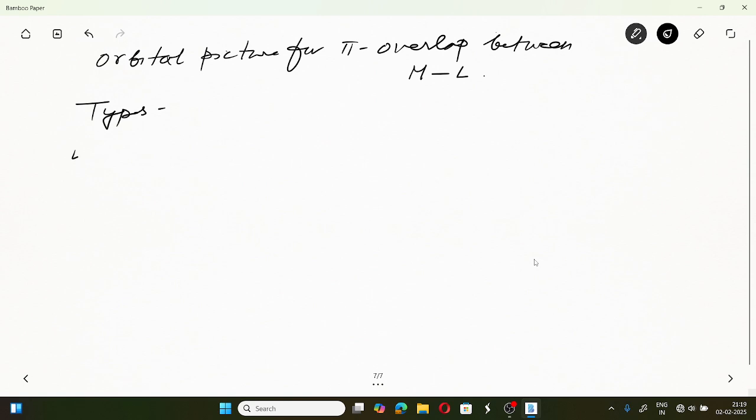First, it can be like this: the p pi orbital of the ligand, with the d pi orbital of the metal. This is involved in pi bonding.